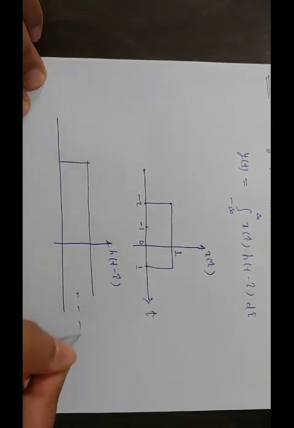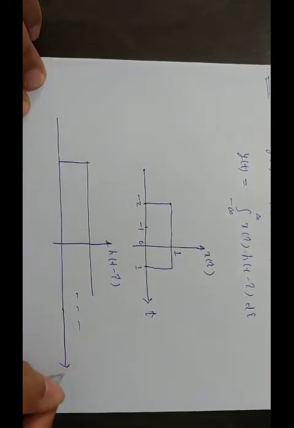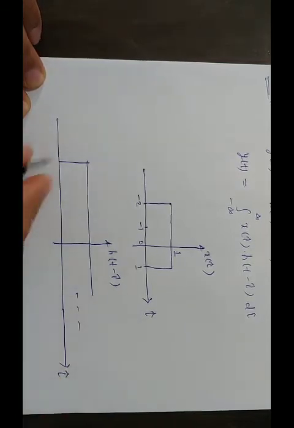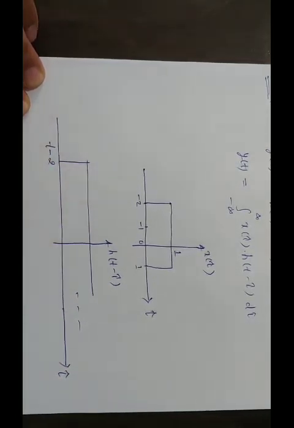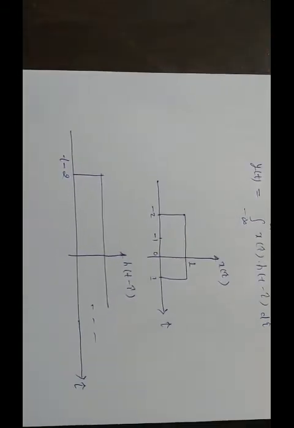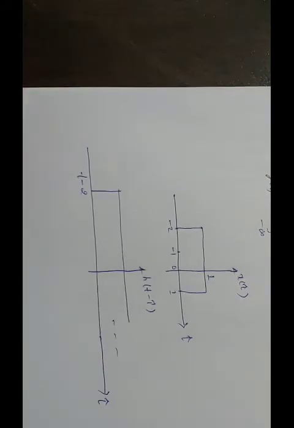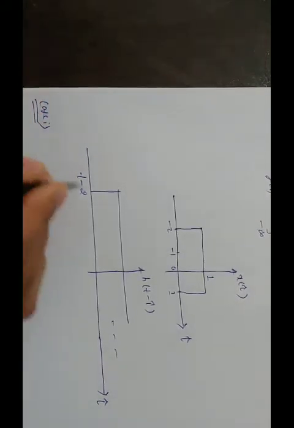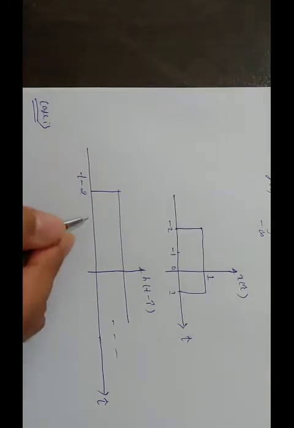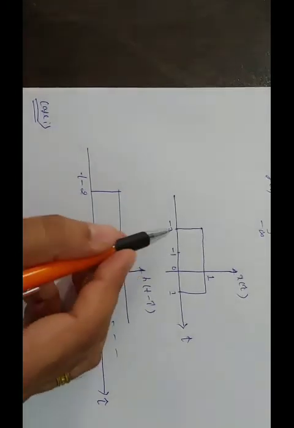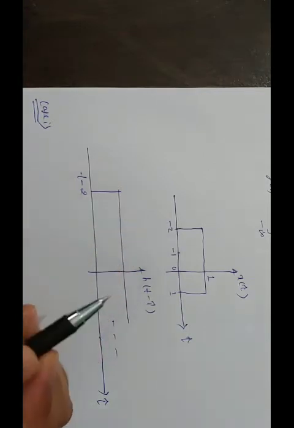This still extends to infinity, because it is a unit step function. This is my t minus 2. Now let us solve this problem by graphical interpretation. Let us take case number 1, where t minus 2 is less than minus 2.